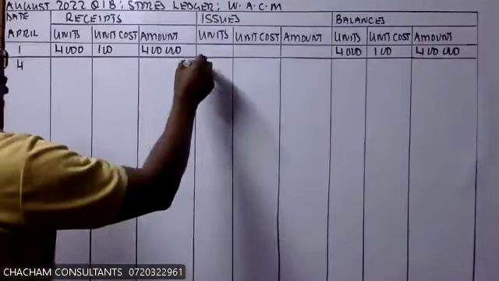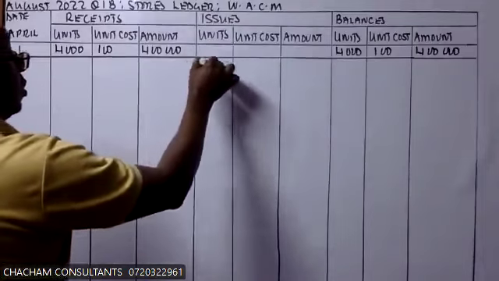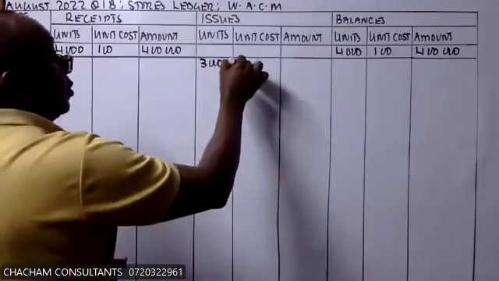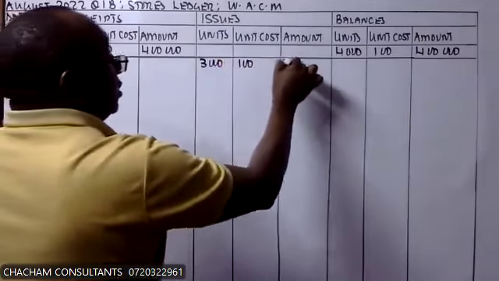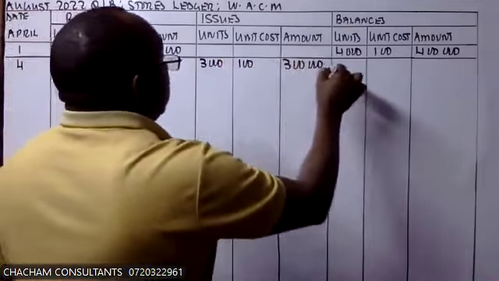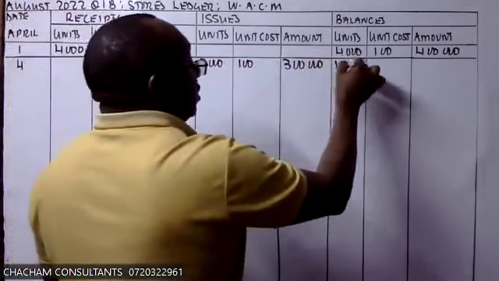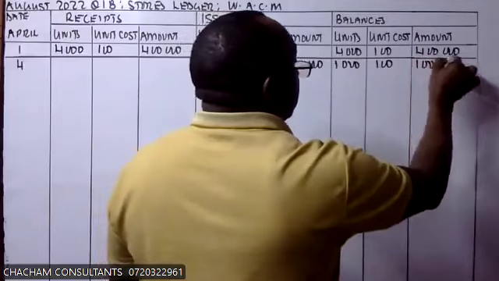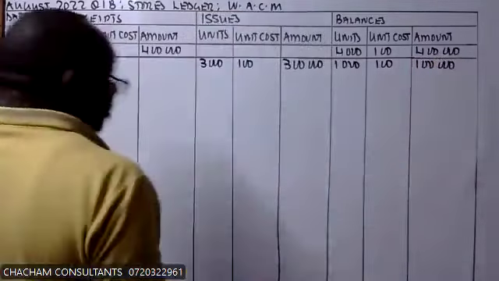So when you issue from here at 100, this is 300,000. So that we are left with 1,000 at 100, and that gives us 100,000.